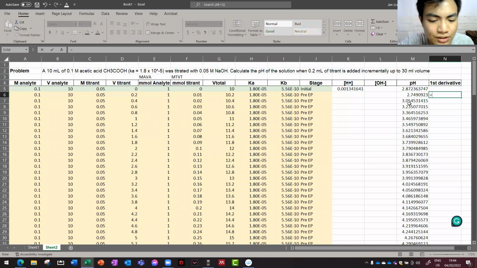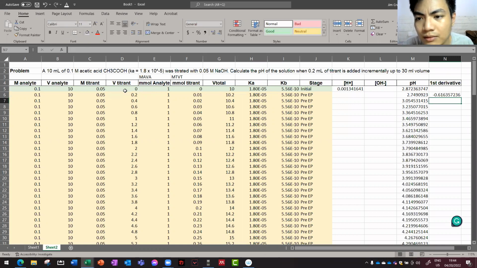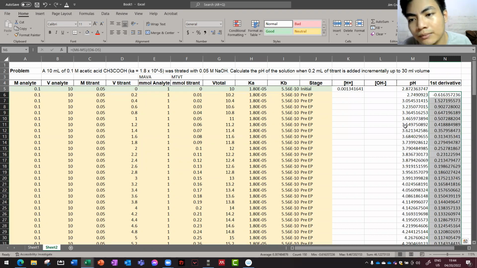So it's change in y, so the change in pH, this minus that, divided by the change in x, which is the volume of titrant. So this minus that, okay? Those parentheses. And then just drag it. Double click. There you go.